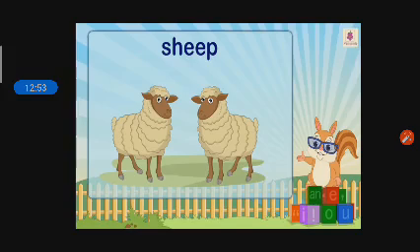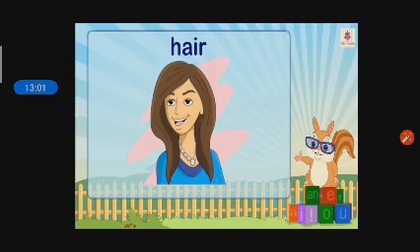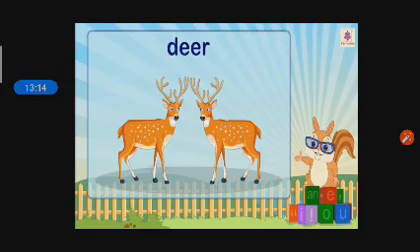SHEEP, sheep. One sheep or more than one sheep, the answer will be the same as it is. Hair, if one hair or a whole bunch of hair, then also hair. No need to change in the plural form. Okay.